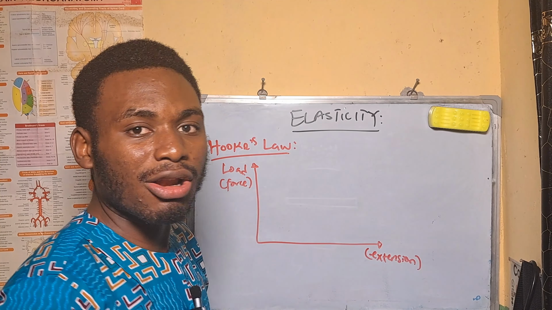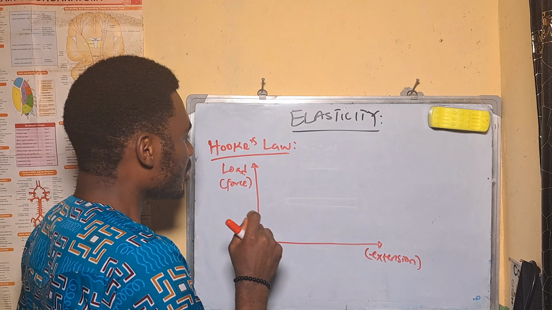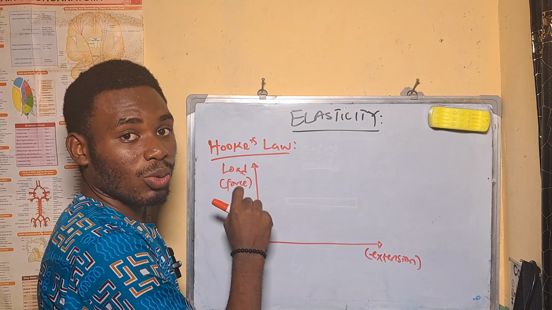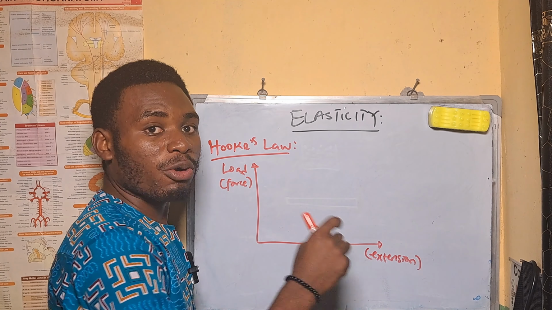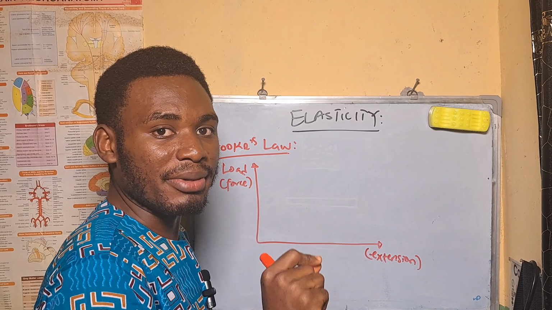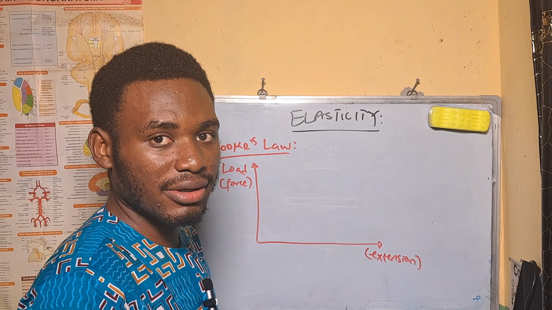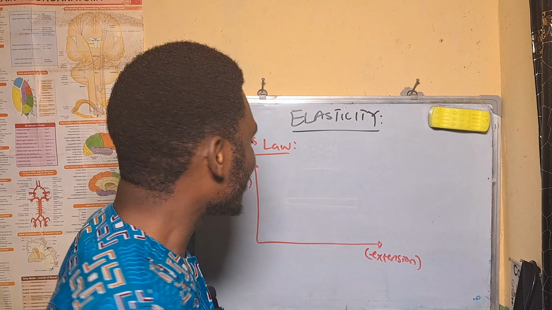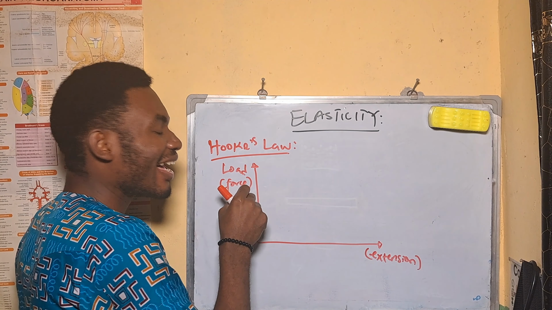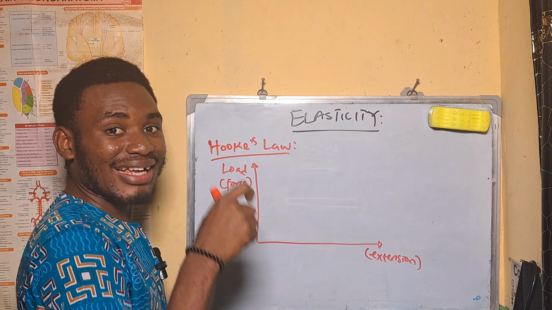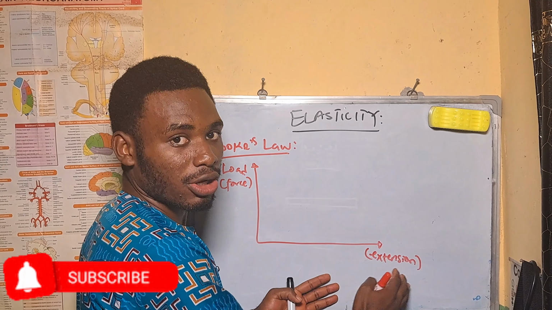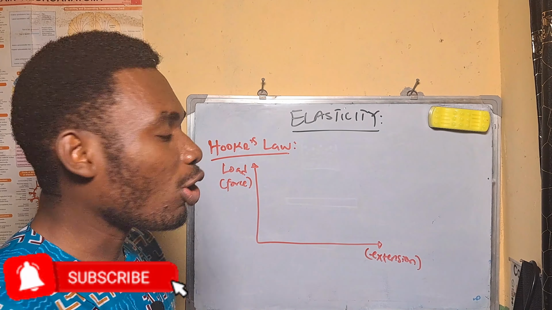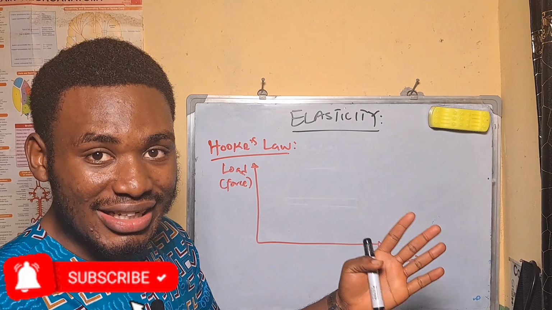That's a law, and that law postulates that the load applied to a particular object is directly proportional to the extension, provided that the elastic limit of that object is not exceeded. The law postulates that the load or the force applied to a particular elastic material is directly proportional to the extension, provided that the elastic limit of that particular object is not exceeded.